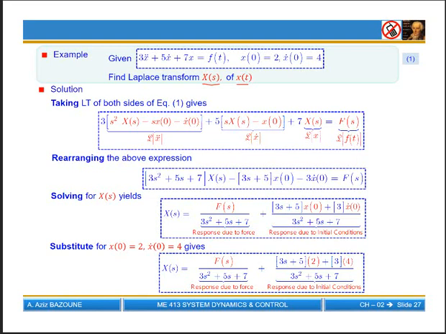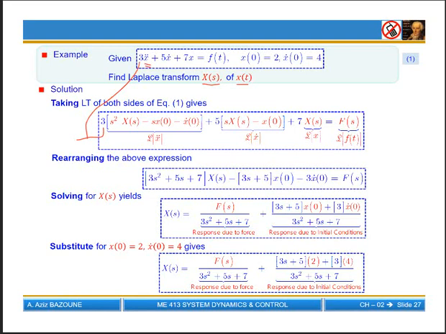3 is a normal number. The Laplace transform of the second derivative x double dash will be s squared X of s minus s x of 0 minus x dot of 0.